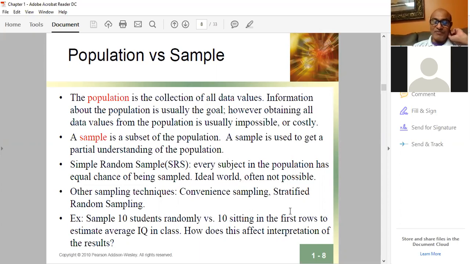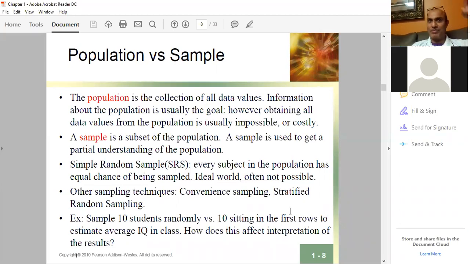Then let's go for the different types of sampling methods. One is simple random sampling. Every subject of the population has an equal chance of being selected, or being sampled. That is called the simple random sampling method. Just now I told you that all the people of George Mason University are eligible to vote, so all have an equal chance of being selected as a sample.